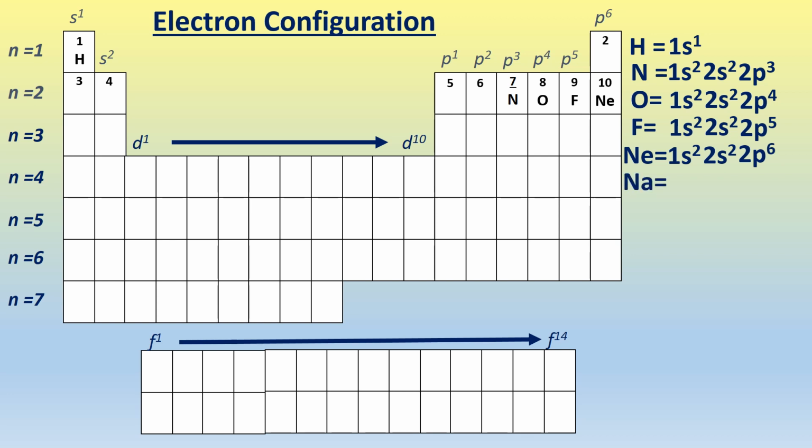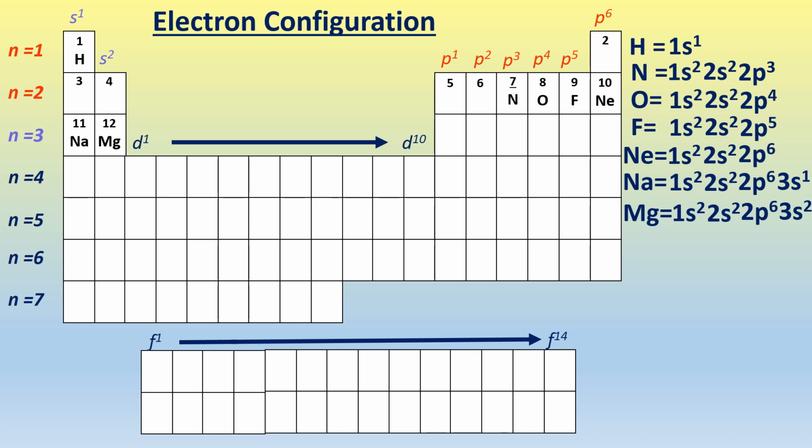Sodium: one is now moving down to the third row. So sodium would have all of the preceding 10 electrons, 1s2, 2s2, 2p6, 3s1. Magnesium would have those 10 electrons again, 1s2, 2s2, 2p6, 3s2.